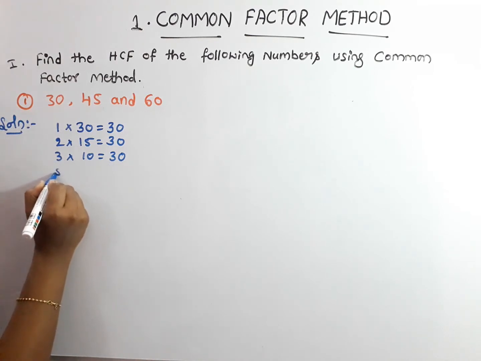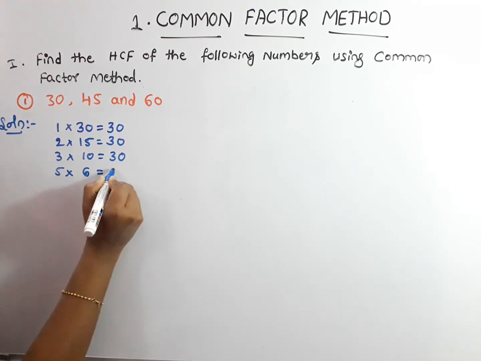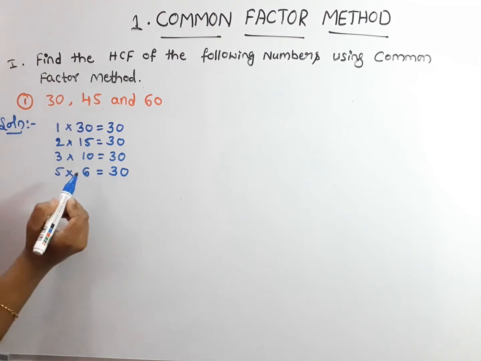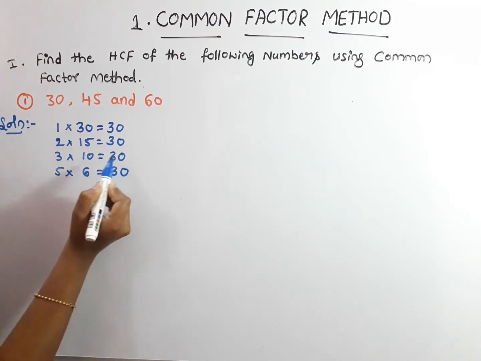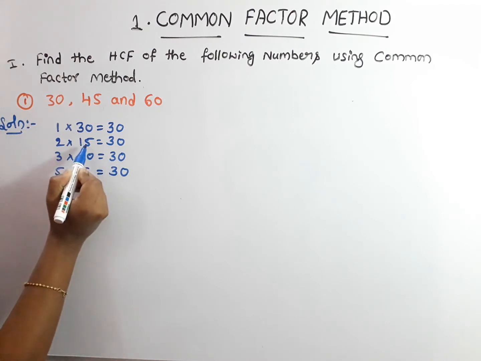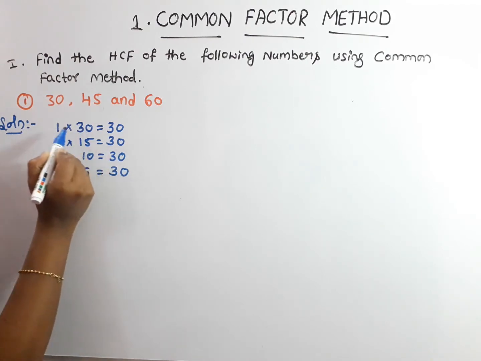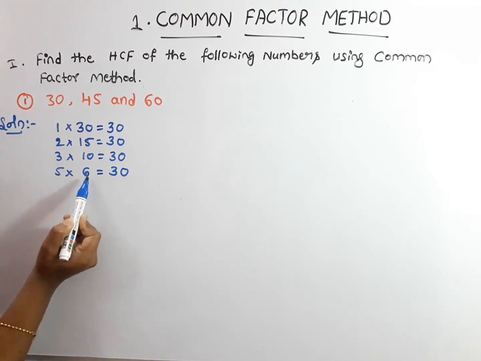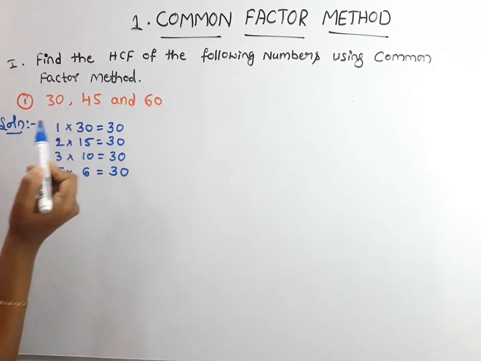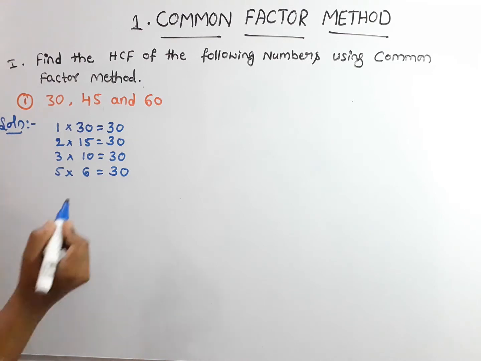So then check with 5. 5 times 6 is 30. Then again 6 times 5 is 30. By 7 we can't divide 30. Then 10 times 3 is 30. Then 15 times 2 is 30. 30 times 1 is 30. So 1, 2, 3, 5, 6, 10, 15 and 30 are the factors of 30.